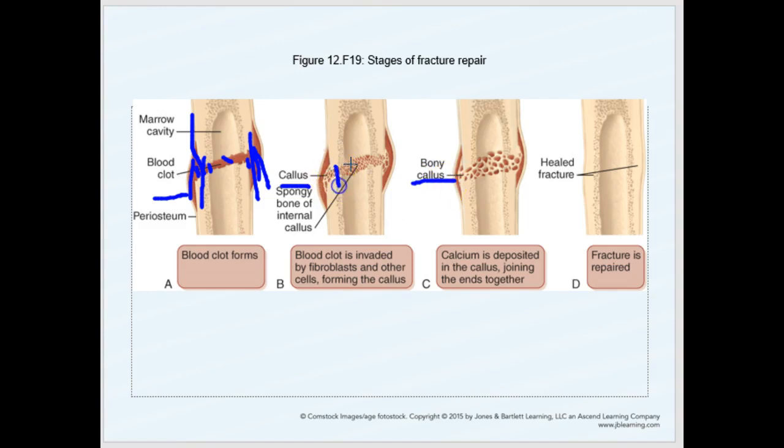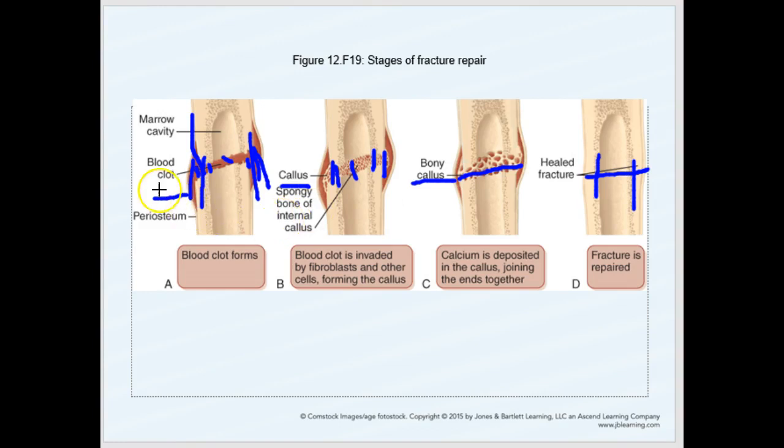And you get a spongy network of bones starting to fill in the damaged area, cleaning out all the junk previously, and starting to get that bone built back to what it originally was. You get that bony callus between those bones, and then the healed fracture. And this healed fracture will keep remodeling until it is as close as possible to the original bone.